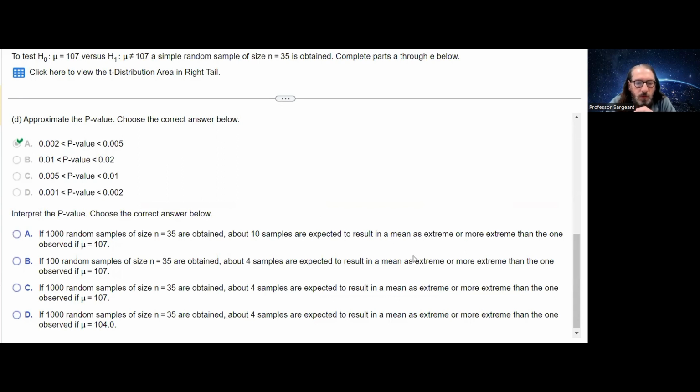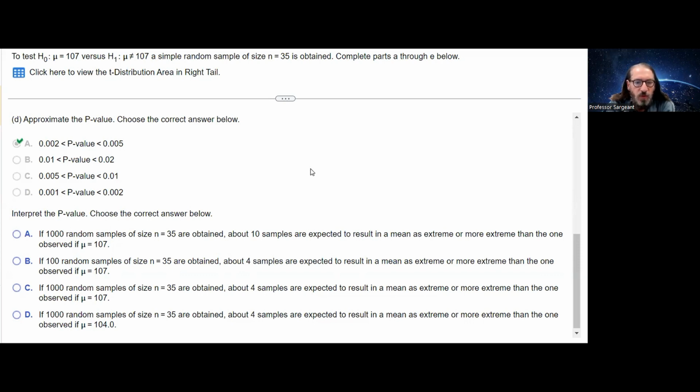Interpret that. Both of those values were to three places, to the thousandth place. If we obtain 1,000 samples of size n equals 35, then multiplying those values by 1,000, we get 2 and 5.